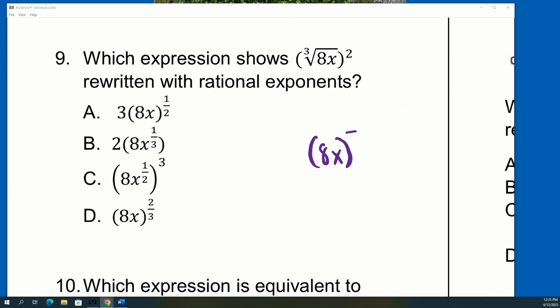And because it's a root, that power is going to be a fraction. So we have 2 numbers we have to put into our fraction. Which one of those numbers do you think is going to go on the top? 2. And then the type of root goes on the bottom. Very good. So that looks like D.